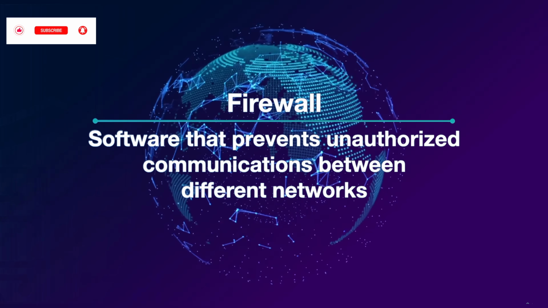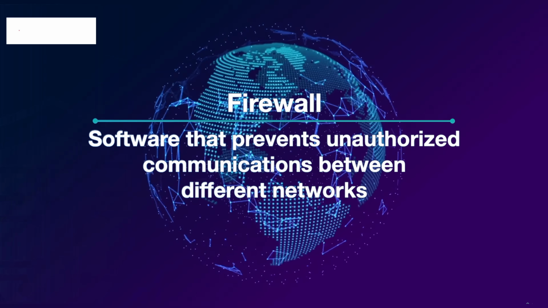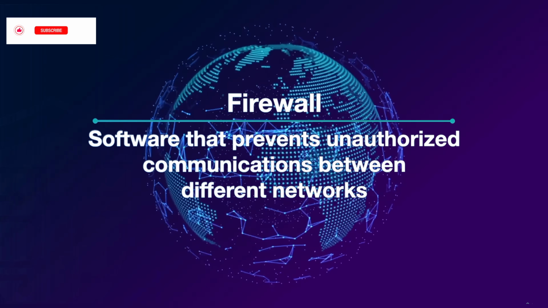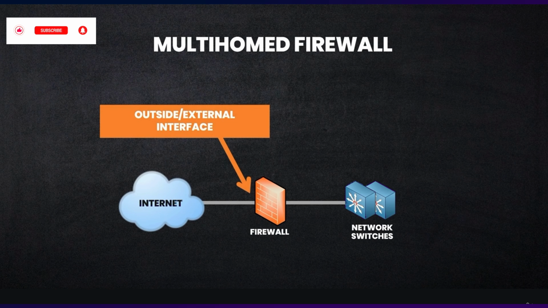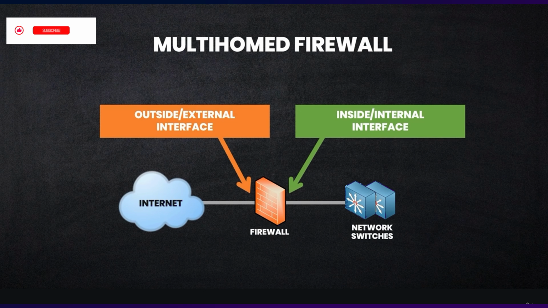Now, when we deploy a firewall, certainly at a network level, we can deploy what's called a multi-homed firewall. What we are talking about with a multi-homed firewall is that there is an outside interface and an inside interface. The outside interface is the external interface. This is the interface beyond which you cannot trust anything.